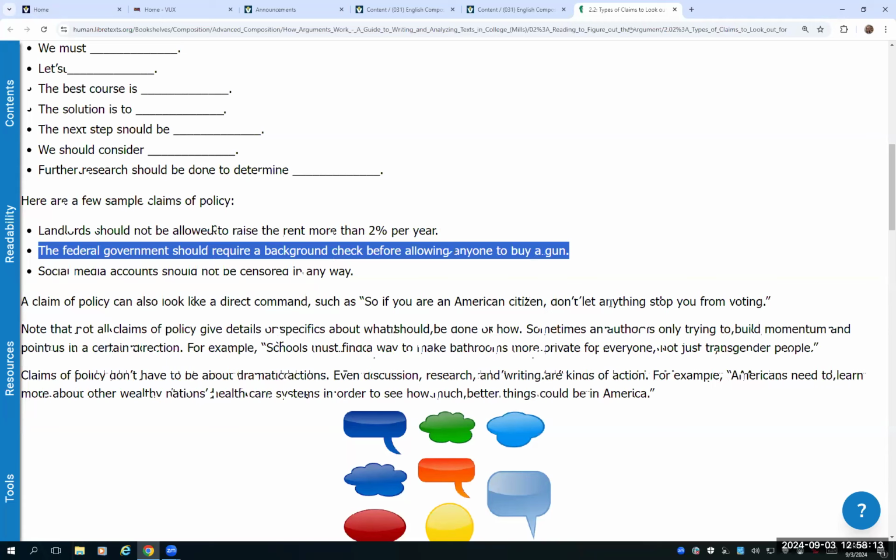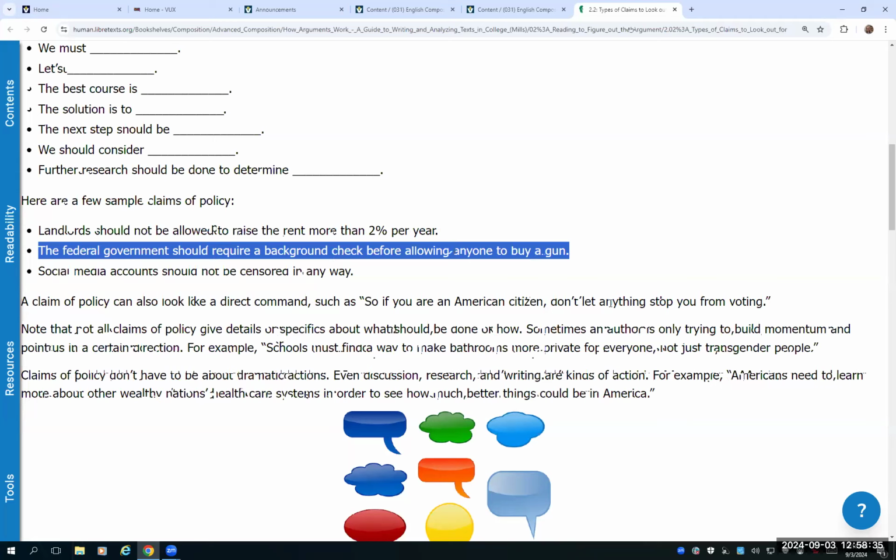The question there might be, well, what kind of background check are we talking about? What are we looking for? And then multiple viewpoints, it has to be debatable. There are two sides to that issue. Some people think background checks should be required. Other people think they should not be required.